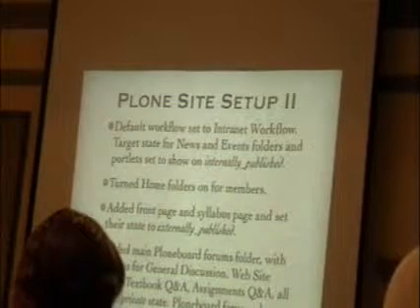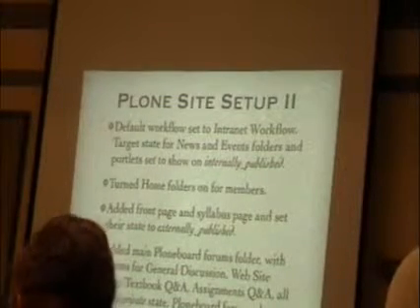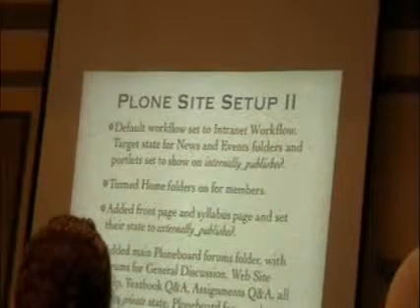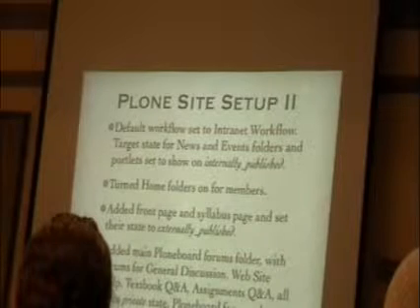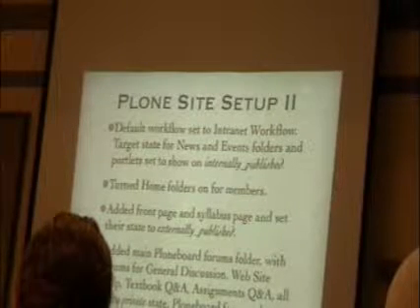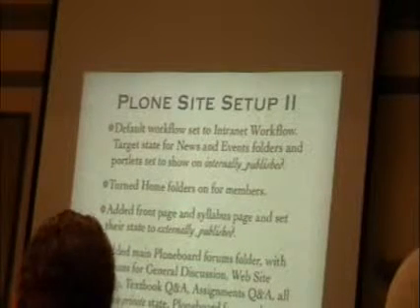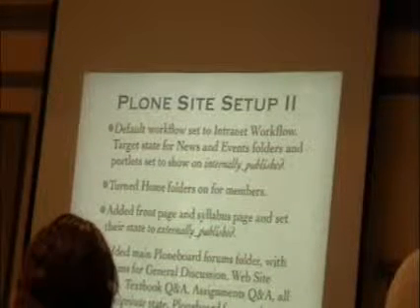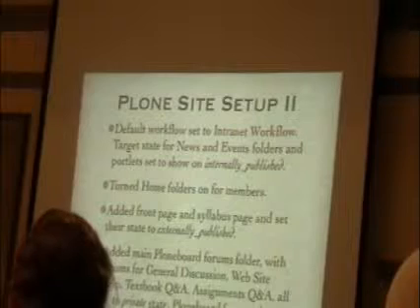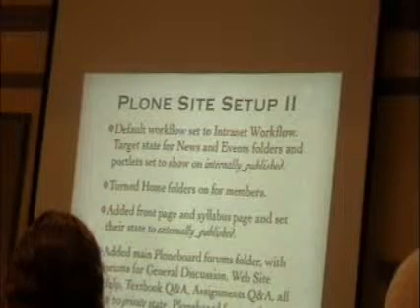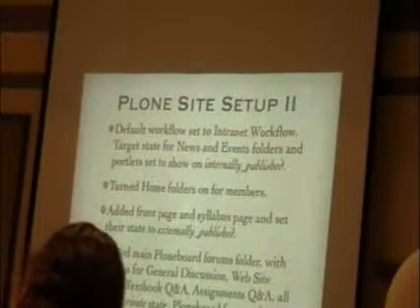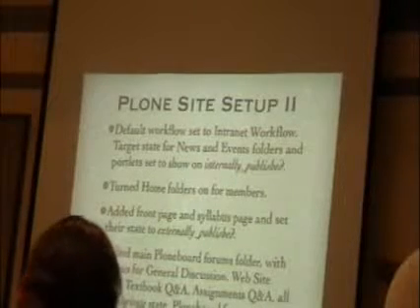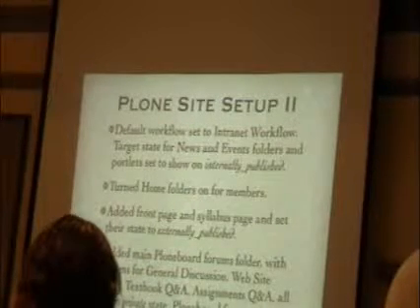Everything else is either the default or internally published, and you can let internally published be the target upon which the calendar and the news portlets and lists operate, so that normally, except for the syllabus and the main page, you're treating internally published as published would be on the open site.